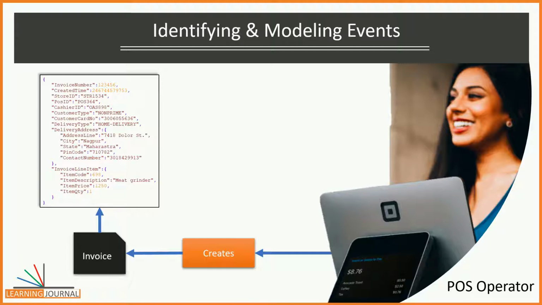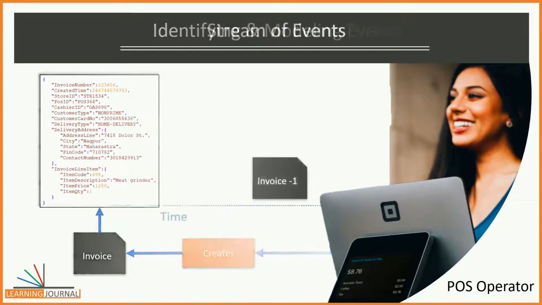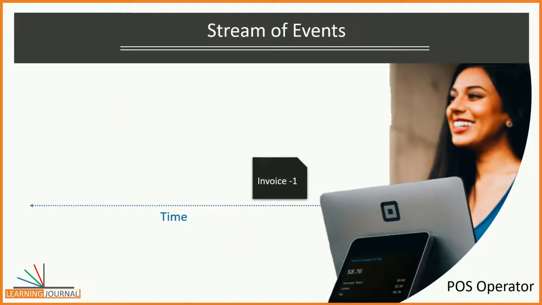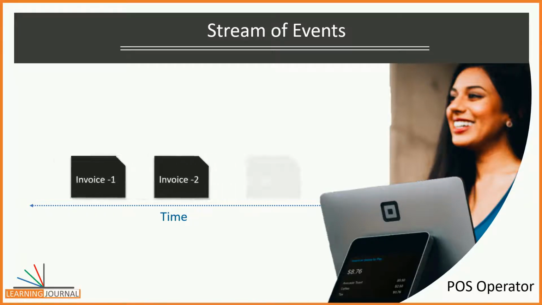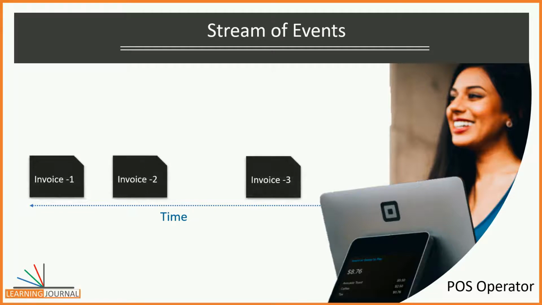The next problem is to make a stream of events. How do you make a stream from your events? Whatever events you identify, they are likely to be generated continuously over time as a series of events. These events are produced one after other. For our POS example, the invoicing is not a one-time activity. The operator keeps generating invoices one after other, and this series of invoices is what we term as a stream of events.